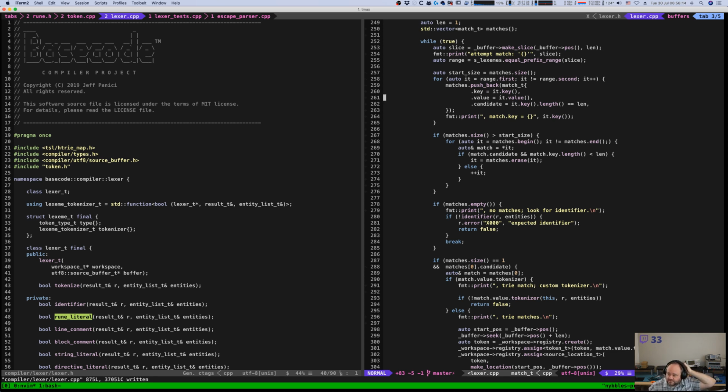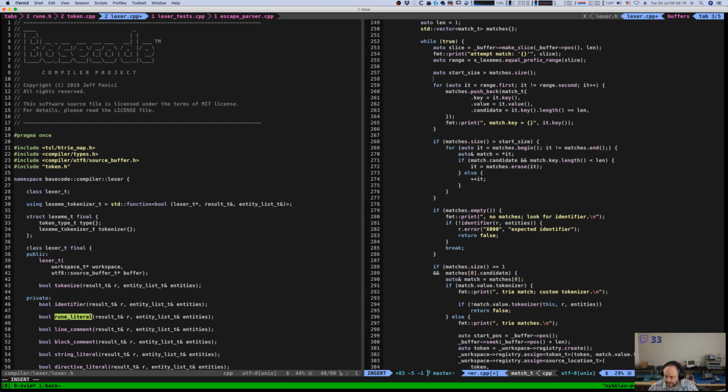So in that case, second round, the start size here would have been 1, and then we would have added 1. So now something new has been added to the matches list, so now we want to clean out anything that no longer is valid.